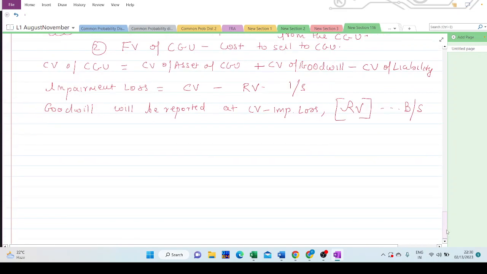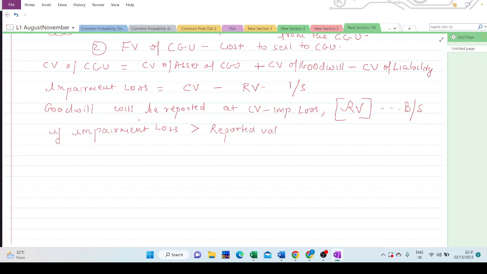Now, very important point, guys. Now, if impairment loss exceeds the reported value of goodwill, बहुत important point है, then impairment loss would first be applied to goodwill. ये लिख लो प्लीज, अब मैं लिखूंगा नहीं.